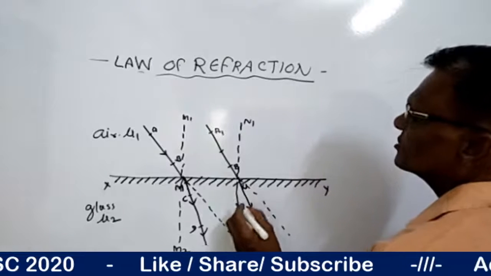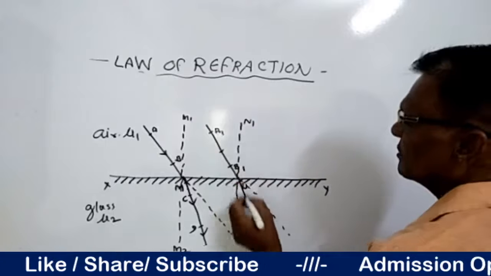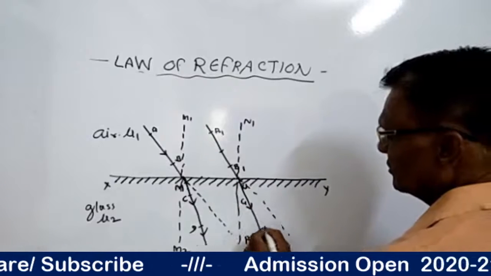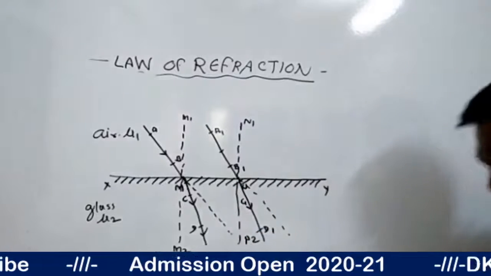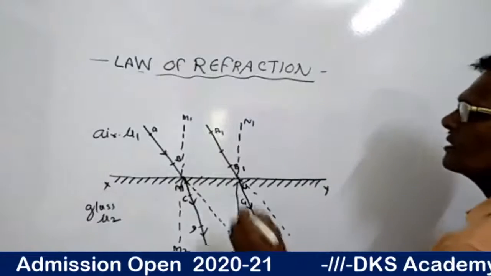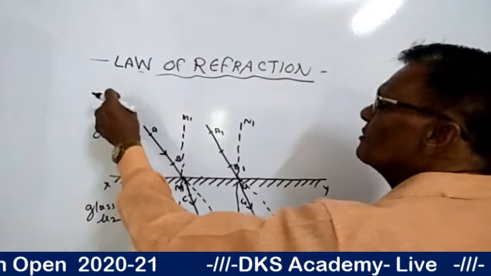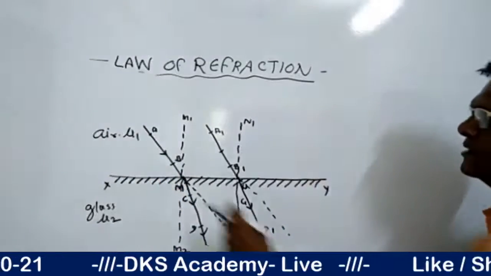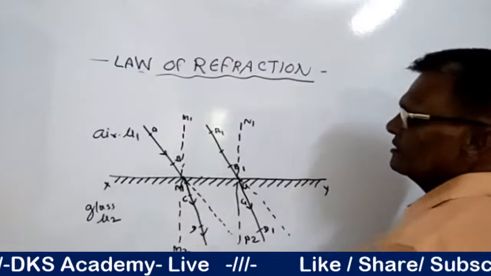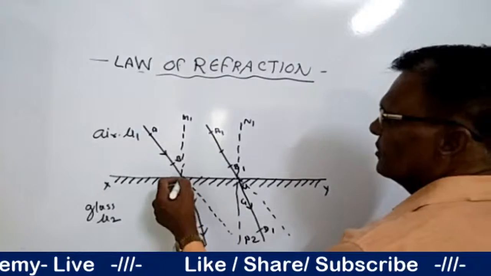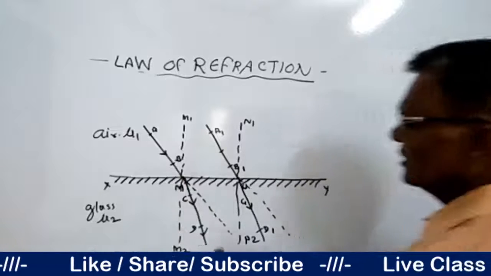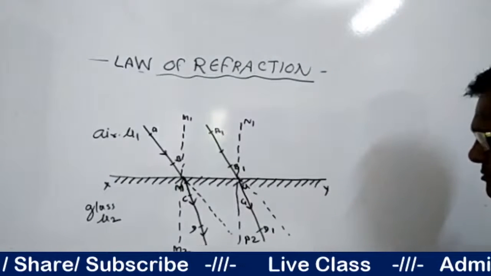So it will be C1, D1. Now, since ray is coming from air and it is entering the glass, your rays will deviate, means it will come towards the normal.